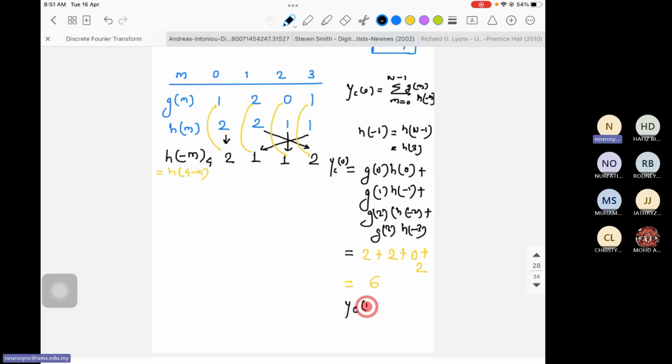So yc of 1 is summation over m equal to 0 to n minus 1 of g of m into h of 1 minus m. Now we will calculate h of 1 minus m.